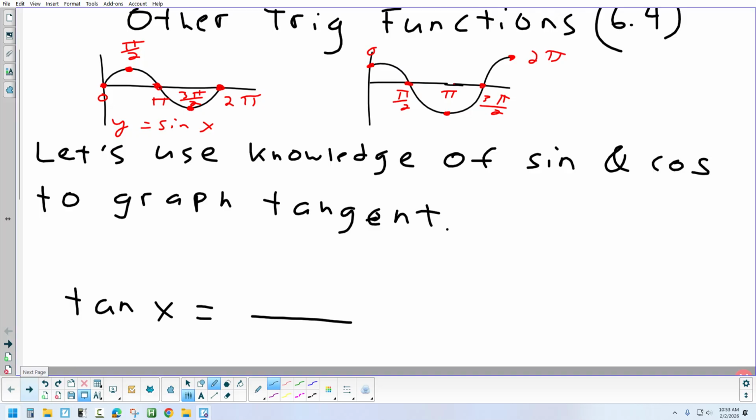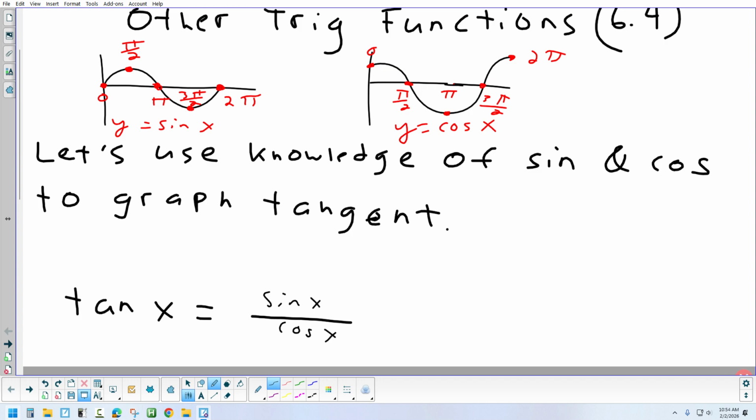Thinking of a different way, how else can we write tangent in terms of the two trig functions we just mentioned up above? Sine over cosine. Right, you can write it as sine over cosine.